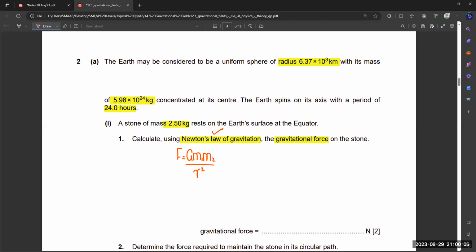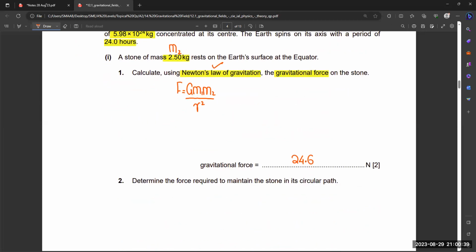Because it is already written in the question, you just need to substitute the values. You may take this value as mass 1, it's up to you, and this value as mass 2. Both values are already in kg, and the radius is already there. So you just need to substitute the values and find the answer. Just for reference, I am writing the answer because it might help you in the next part. The first part is very simple.